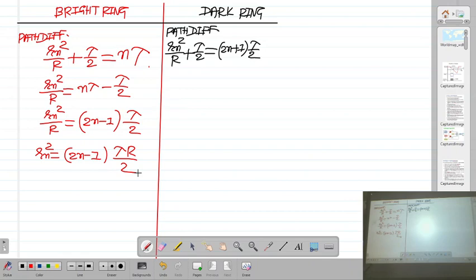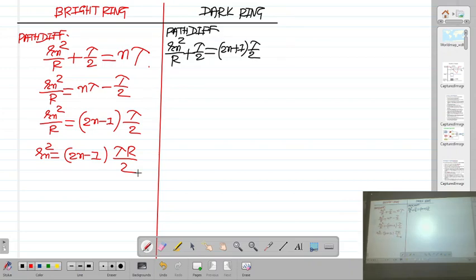So what is the condition of the bright ring? The path difference small r square upon capital R plus lambda by 2 is equal to n lambda. At that point constructive interference will occur, and that point will form a bright ring of radius Rn. So small r square upon capital R is equal to n lambda minus lambda by 2.